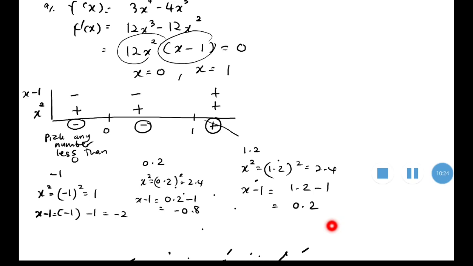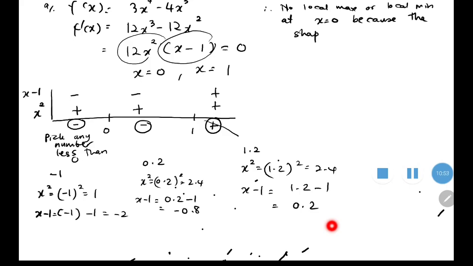So there is no local maximum or local minimum at x equal to 0 because the shape remains the same.